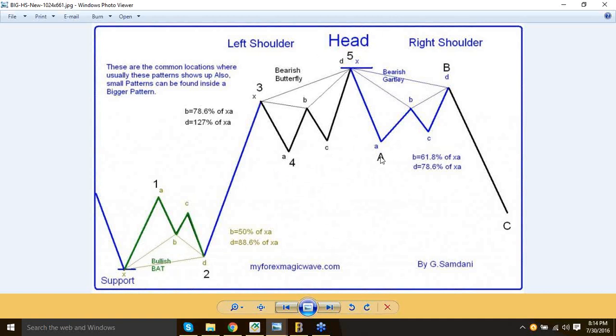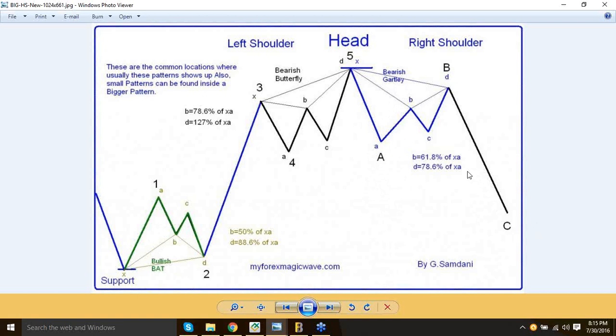Then between A and B, you will again see these retracement patterns, but in the opposite direction, bearish. The first move to the upside was bullish, and now you will see bearish because the price is coming down. So this is where you will see a bat and gartley again between A and B, followed by wave C. Okay, so far so good.